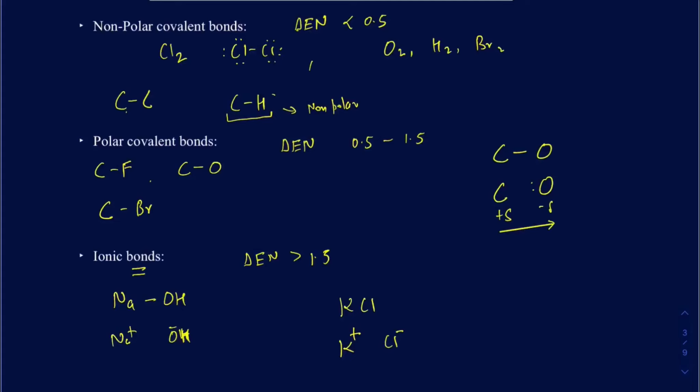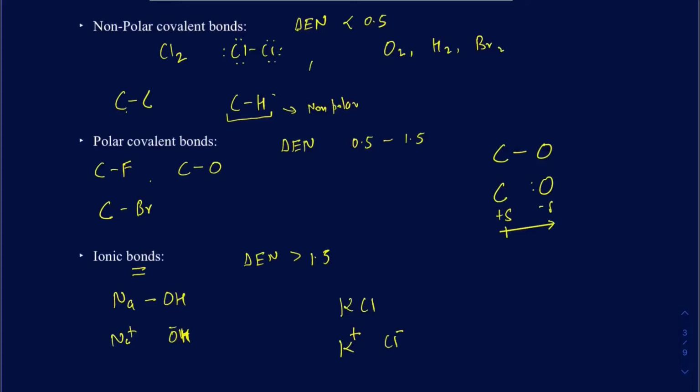So this is extremely important, to be able to identify your polar bonds and your partial positive and partial negative centers in the molecule. As soon as you figure out there is an electronegativity difference between the two elements and figure out who's more electronegative, whoever is more electronegative is going to be partial negative, and whoever is less electronegative is going to be partial positive.